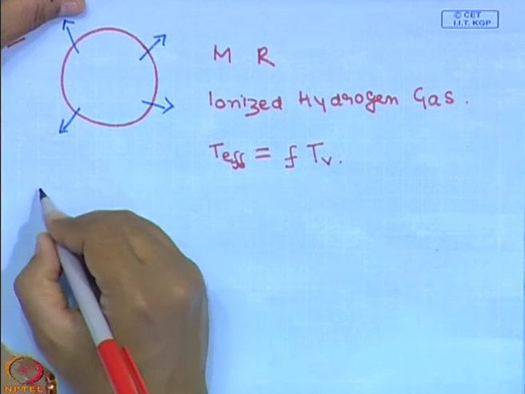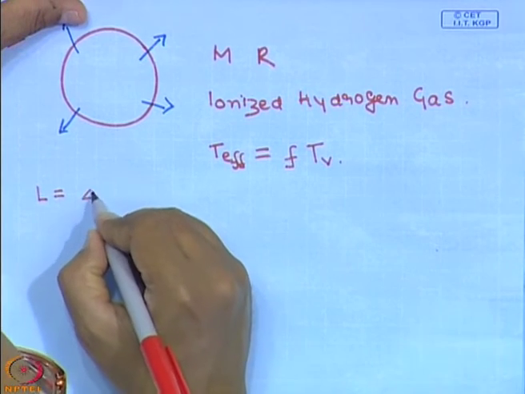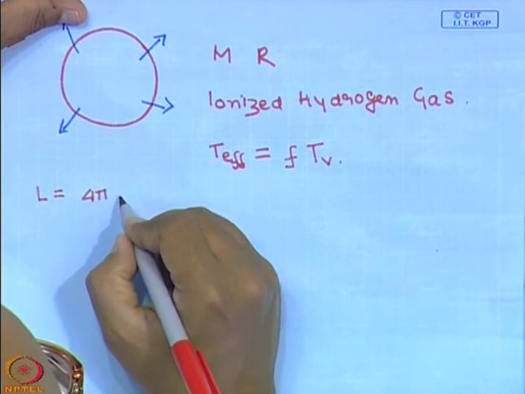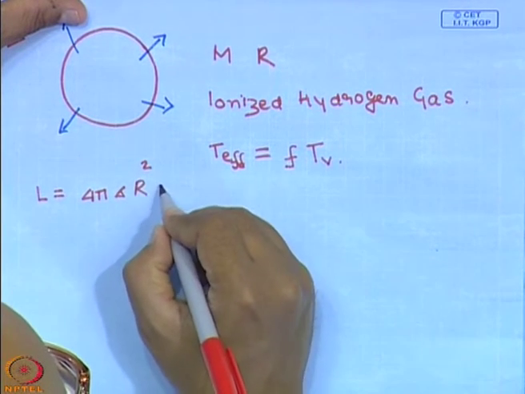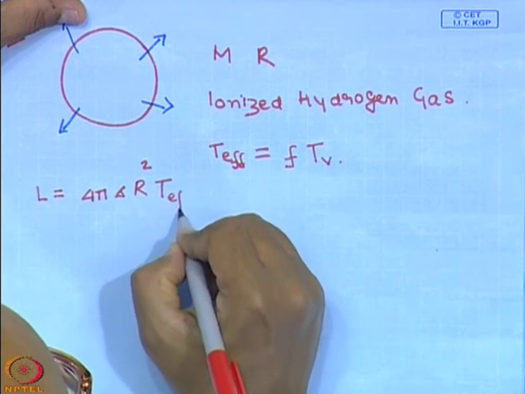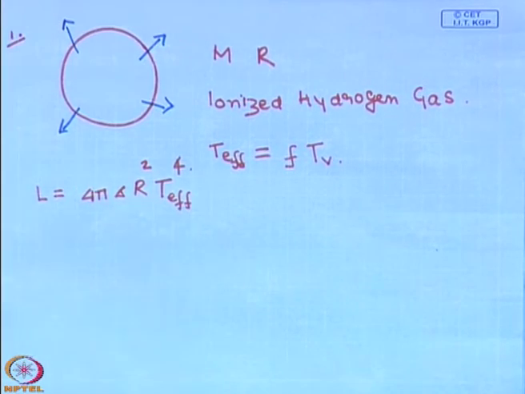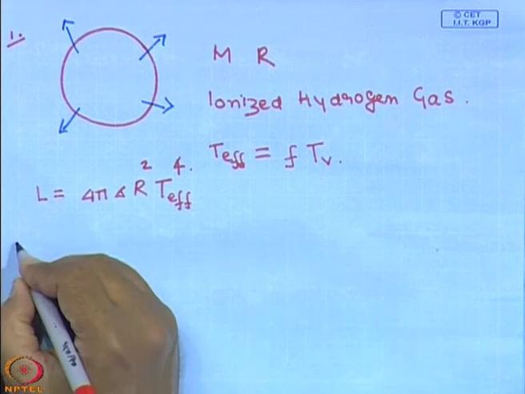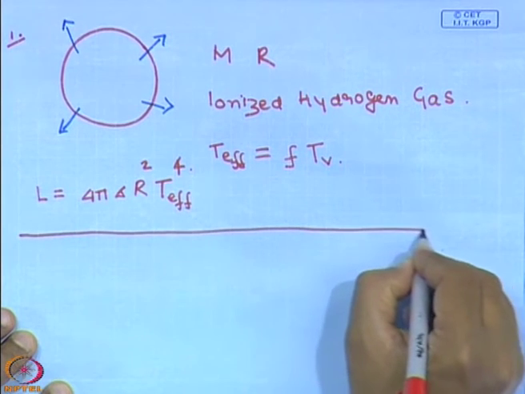So, the luminosity of this object is 4 pi sigma r square T effective to the power 4. So, the first part of this problem, this is the information given.